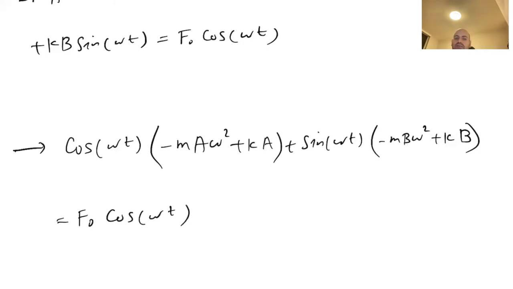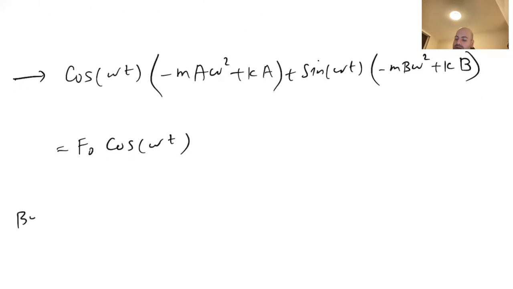Now we are ready to compare the left-hand side with the right-hand side. The coefficient of cos omega t in the left-hand side must be equal to the coefficient of cos omega t in the right-hand side, which is f0. And the coefficient of sine omega t in the left-hand side must be the same as the coefficient of sine omega t in the right-hand side, which is 0.